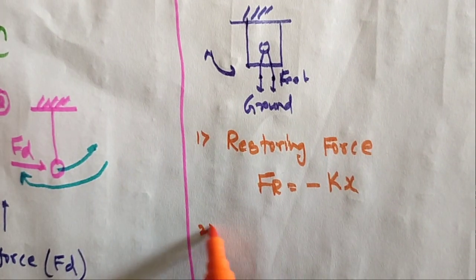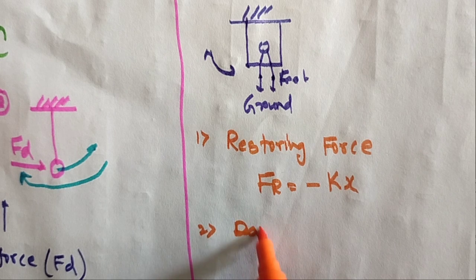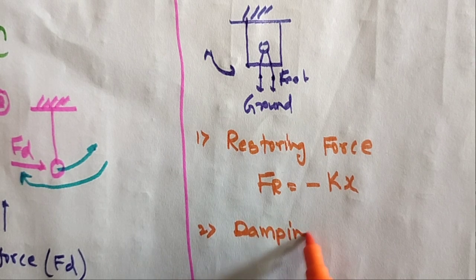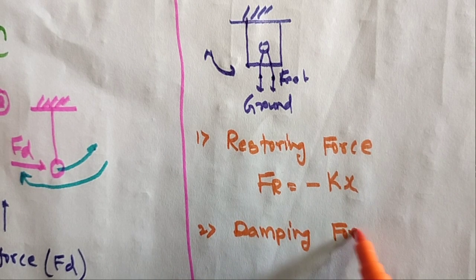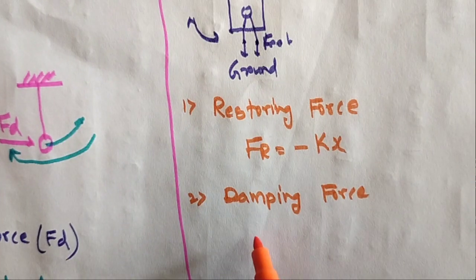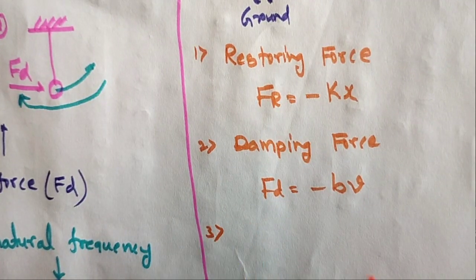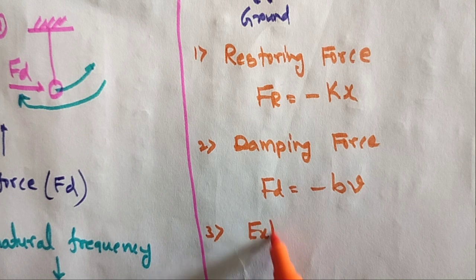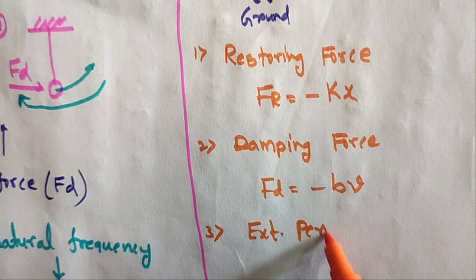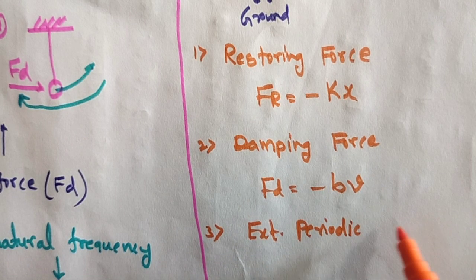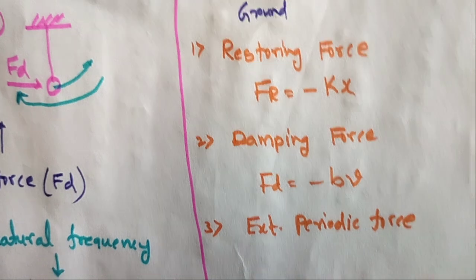Second, a damping force is also acting here. Fd is equal to minus Bv. And the third one, due to the feet on the ground, an external periodic force is also acting.